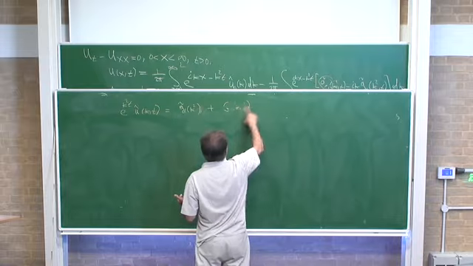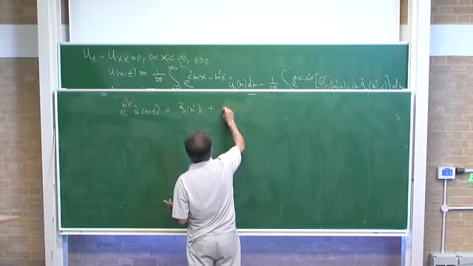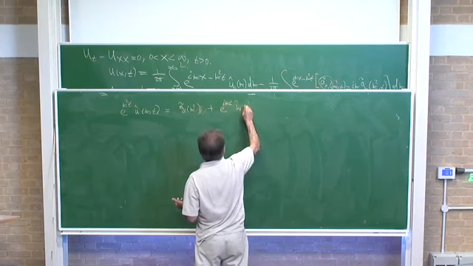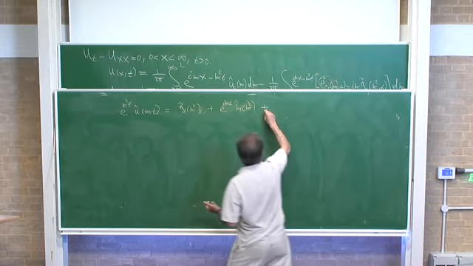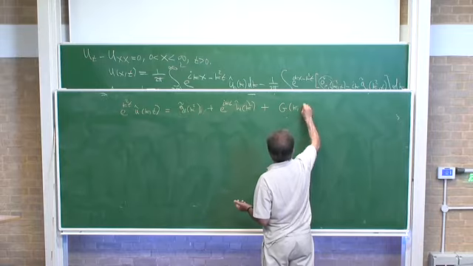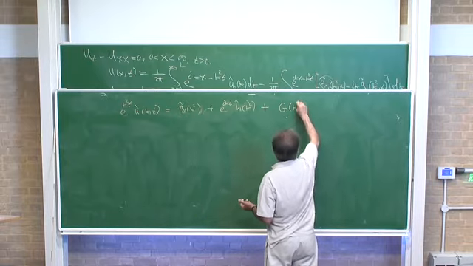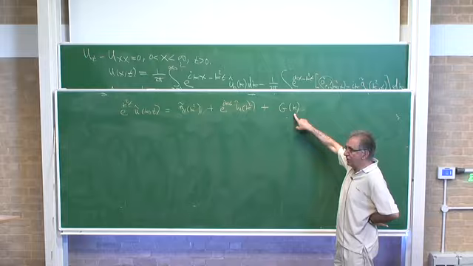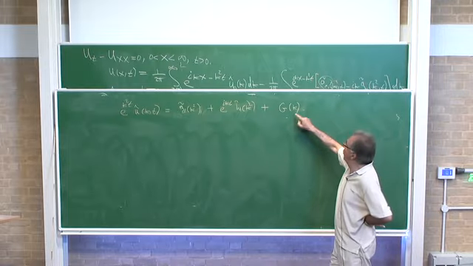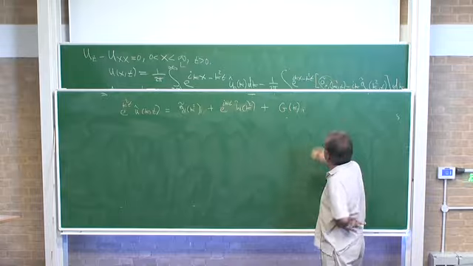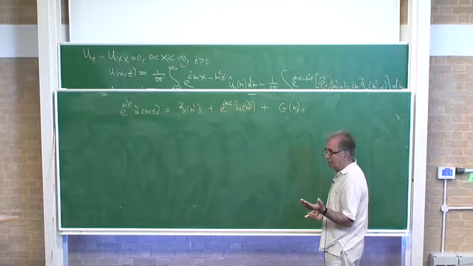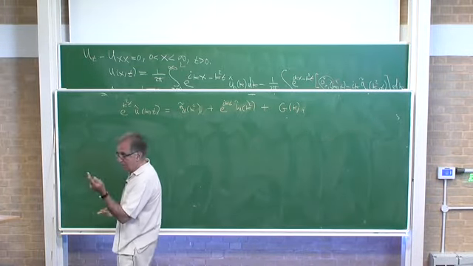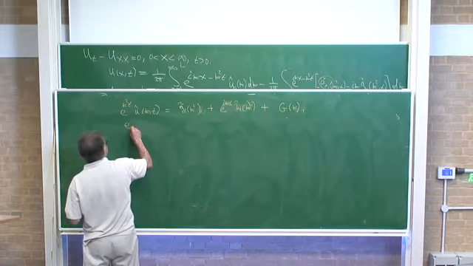I'm sorry, plus e to the ikL h1 of k squared, plus some function which is known. And this function involves the initial data and the two Dirichlet data, right? So this is the global relation. And this is valid everywhere, yeah? Yes? And then I use my invariance, so I will do this.